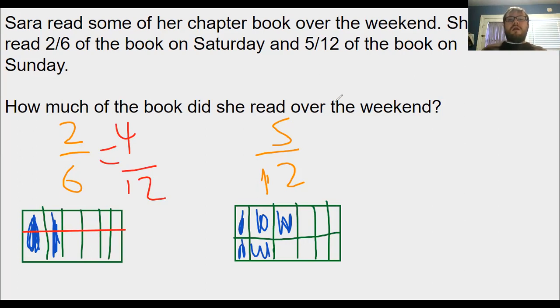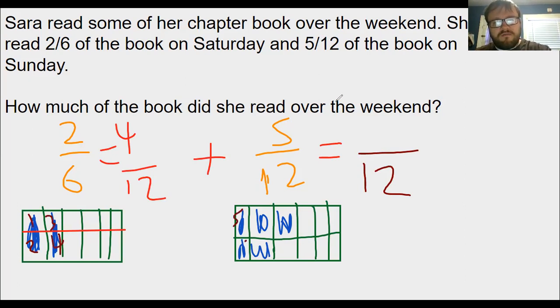Just like before, I'm going to count the number of 12ths, and that is going to tell me what my new added fraction is, what my sum is. So I have 1, 2, 3, 4, 5, 6, 7, 8, 9, 9 12ths total.